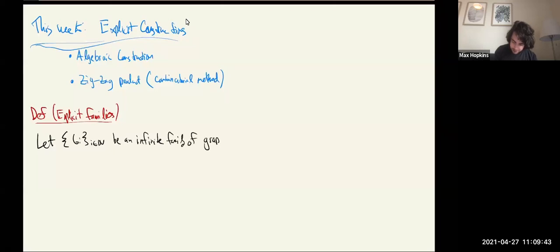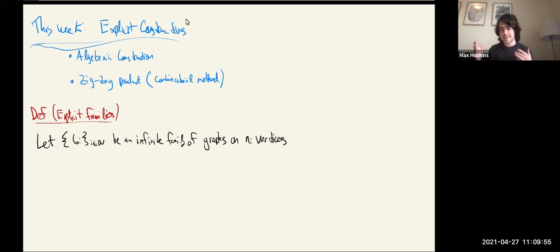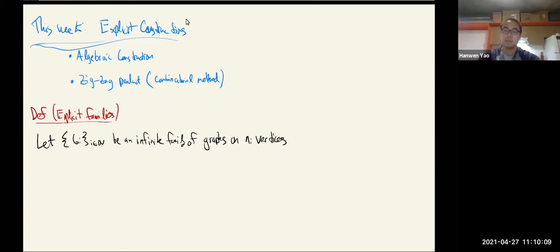And let's say G_i is on N_i vertices, where N_i goes to infinity. Formally, you maybe want to guarantee that N_i doesn't grow too fast. It depends on how you define things, but I'm going to be a little vague and not super formal. I just want to give you the intuition behind these, so that when you see them in a paper you'll be equipped to figure out exactly what they're talking about.